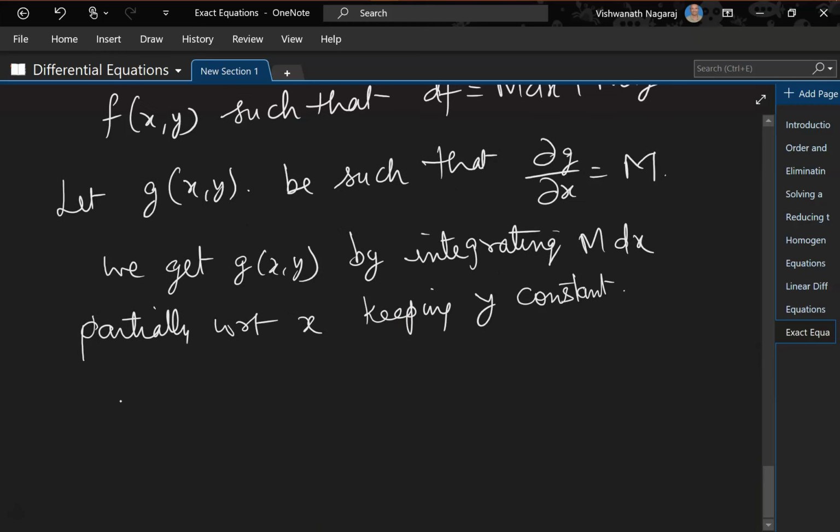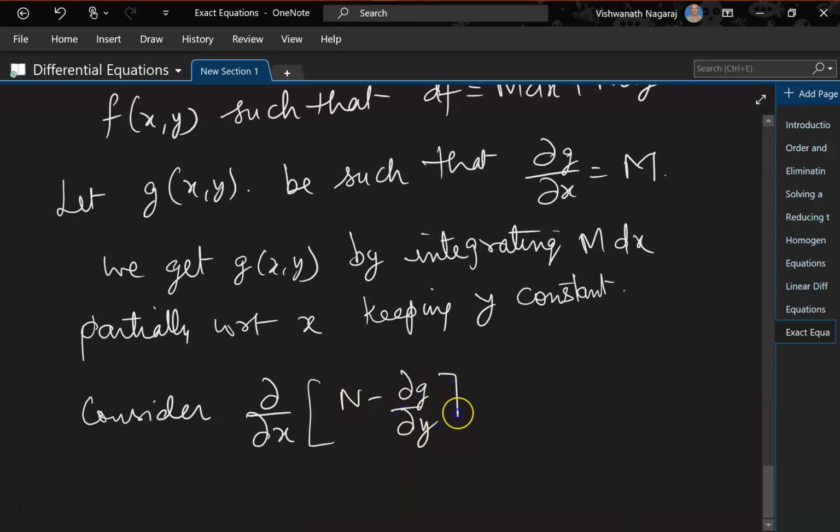Let's understand the next part carefully. Let's consider ∂/∂x of (N minus ∂g/∂y). Wow, how did this come?